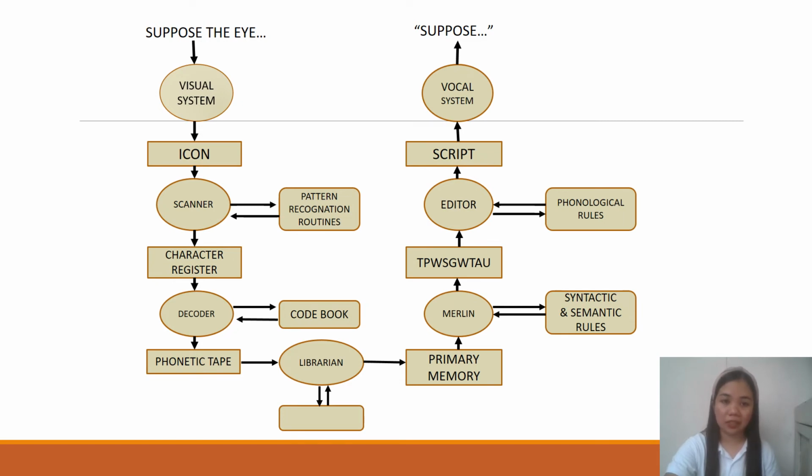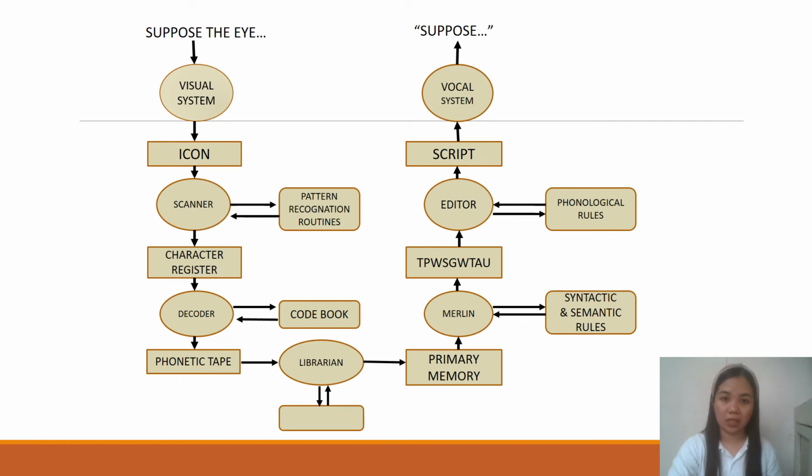The letters are read into a character register which holds them while a decoder converts the letter strings into their phonemic representations, or sound equivalents. The sounds are inputted into a librarian which matches them against the lexicon, somewhat like a dictionary, and converts them into words. Since there are only a few words, the meaning is not yet clear.